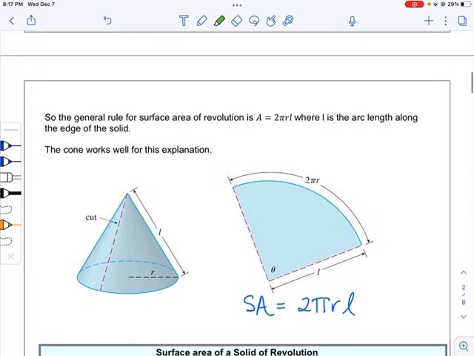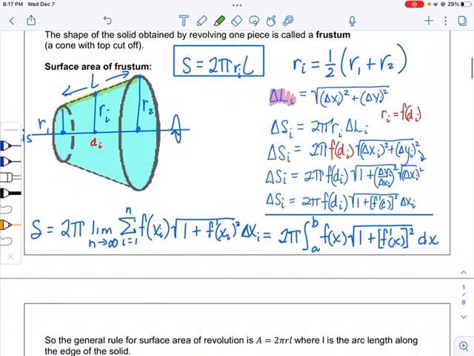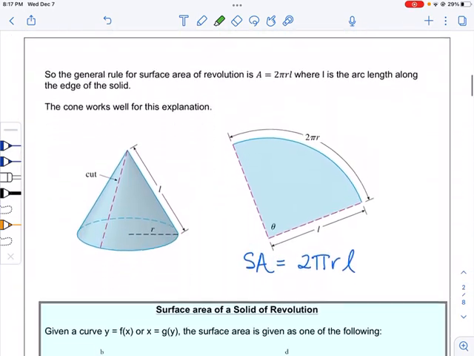If you unfold it, that's what you get, 2 pi r L, where L is that lateral dimension, the length on the side. So we walked through showing how we could derive the formula to get the integral from a to b of f of x times the square root of 1 plus f prime squared and so forth. And now we're just going to utilize it.